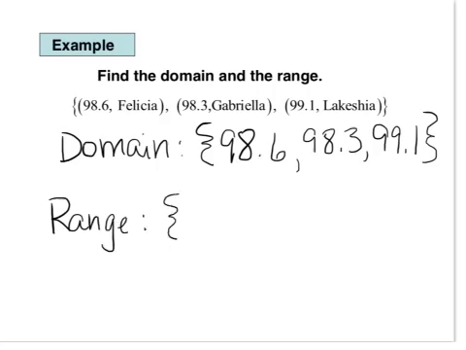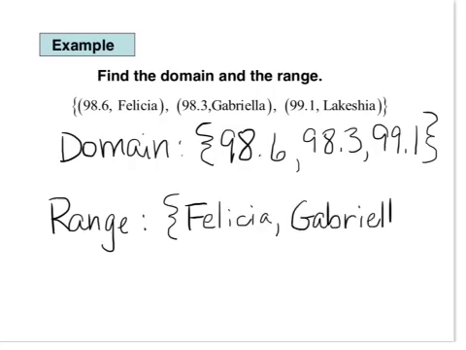And we put those in braces to represent that set. So those are our names: Felicia, Gabriella, and Lakeisha. So now we have our domain and range for this specific set.